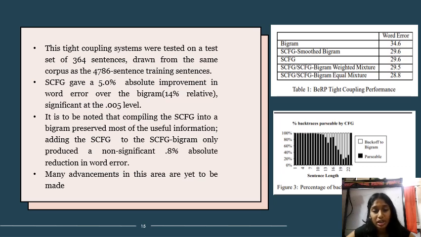Many advancements in the area are to be made. With the above-mentioned results, the experiment makes it clear that the use of SCFG information can significantly improve recognition performance.